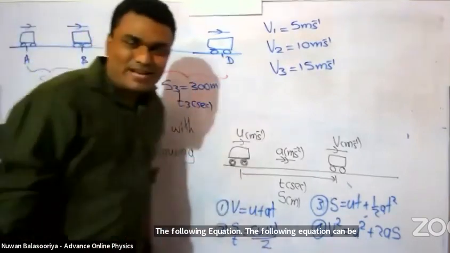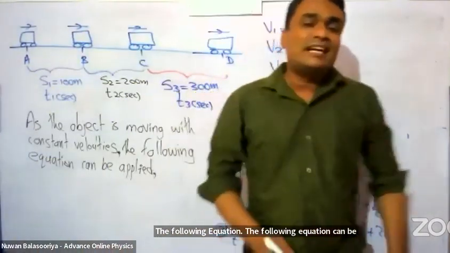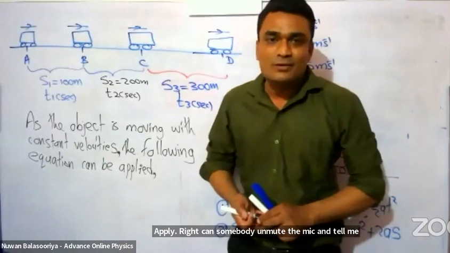Can somebody unmute the mic and tell me the equation that can be applied for a constant velocity?